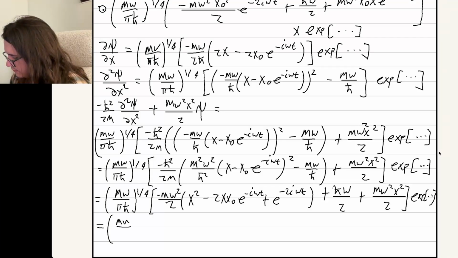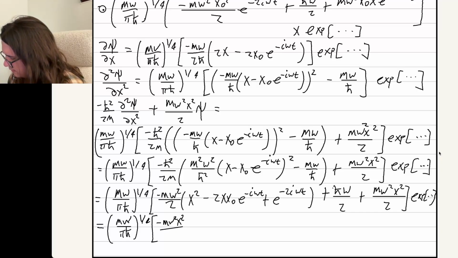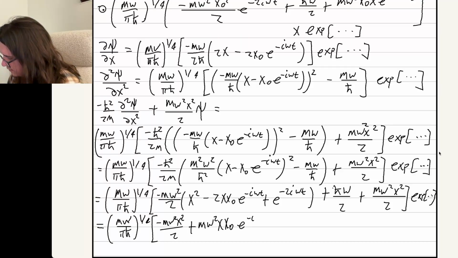Now this is really starting to look familiar, because now we have minus m omega squared x squared over 2, plus m omega squared x naught e to the minus i omega t, minus m omega squared over 2, and there's supposed to be an x naught squared here.